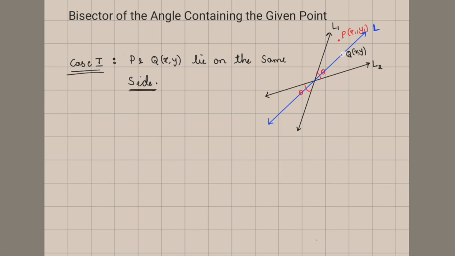Similarly, P and Q also lie on the same side of L2, so when you substitute P and Q in the equation of L2, it should give the same sign. Let's say the L1 equation is a1x plus b1y plus c1 equals 0. Similarly, the L2 equation is a2x plus b2y plus c2 equals 0.